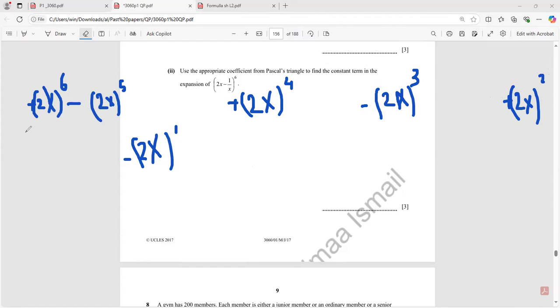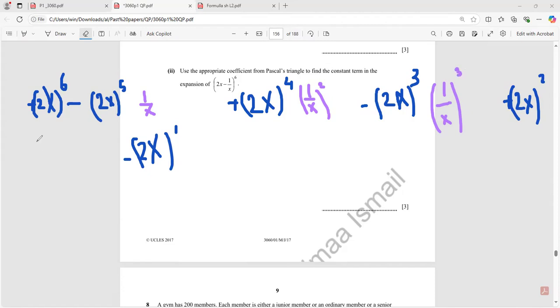Let's see the second term, which is 1 over x. So 1 over x to the power 1, 1 over x all to the power 2, 1 over x all to the power 3.